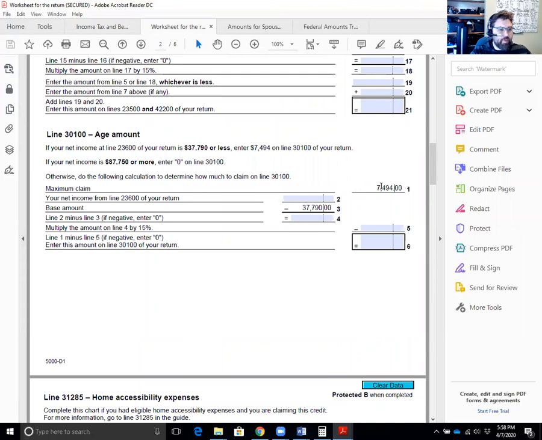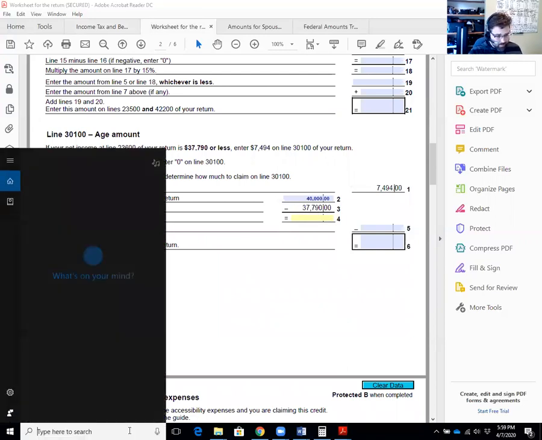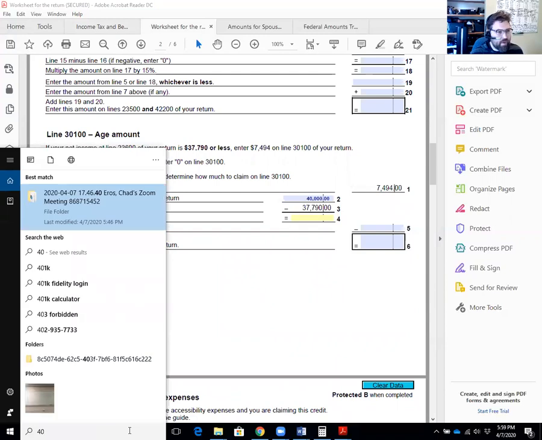Our maximum claim is $7,494. We're supposed to put our net income in here. Notice how it doesn't say taxable income, it says net income. Our base amount is $37,790, so we're going to have to subtract that from 40,000.